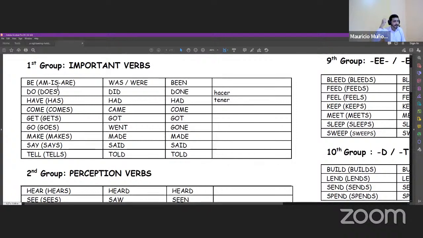Vas a escribir: grupo 1, important verbs. Trazas las 4 columnas: be, was, were, been, y su definición en español. Asimismo con do, did, done, hacer; have, had, had, and then once again use the definition in our language. Para esta actividad se les va a dar media hora.